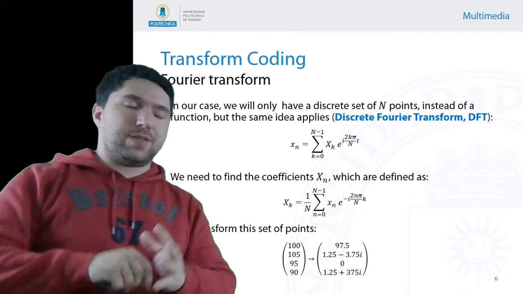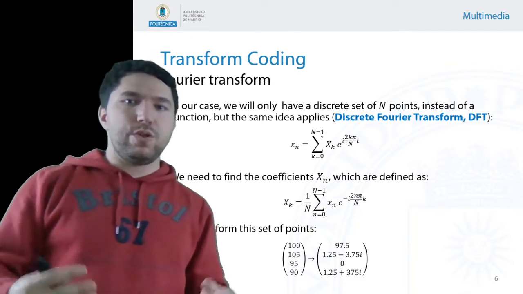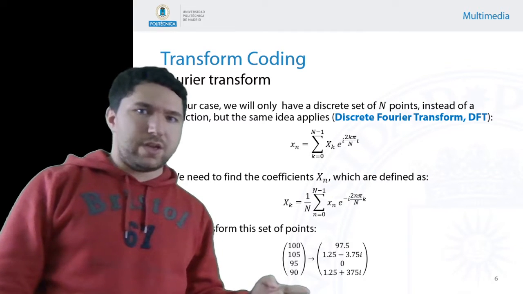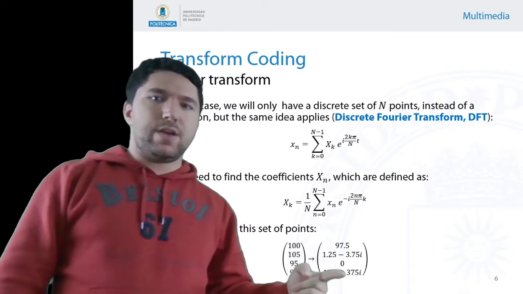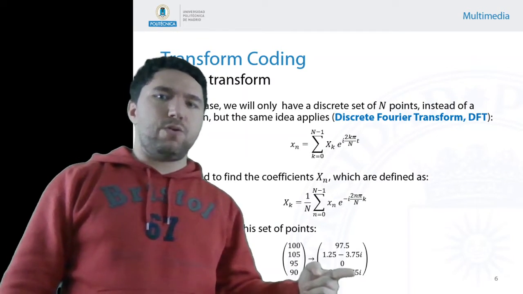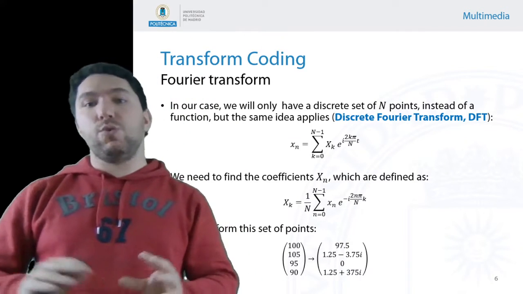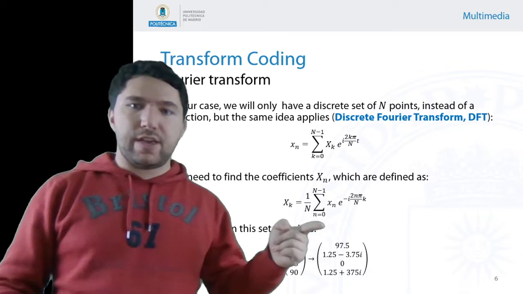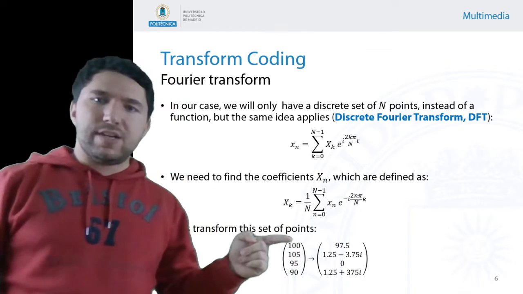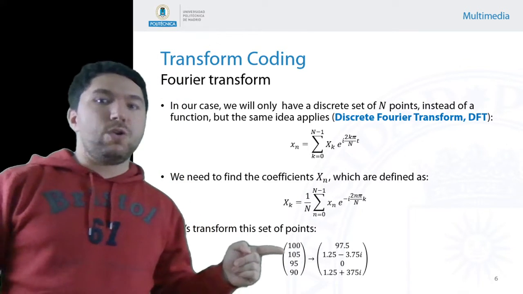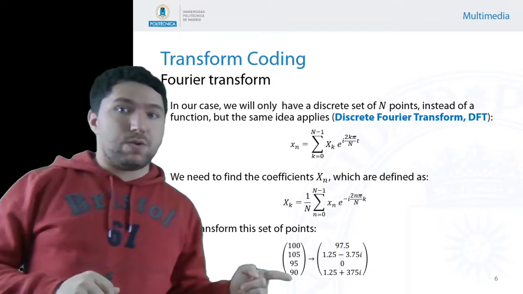Hopefully, but good for us that we don't need to keep all the values. Okay, maybe if we keep only a 0 here, if we replace this with a 0, we will not lose all the information. Even if we only keep this value, we will still have in all the places the mean value.